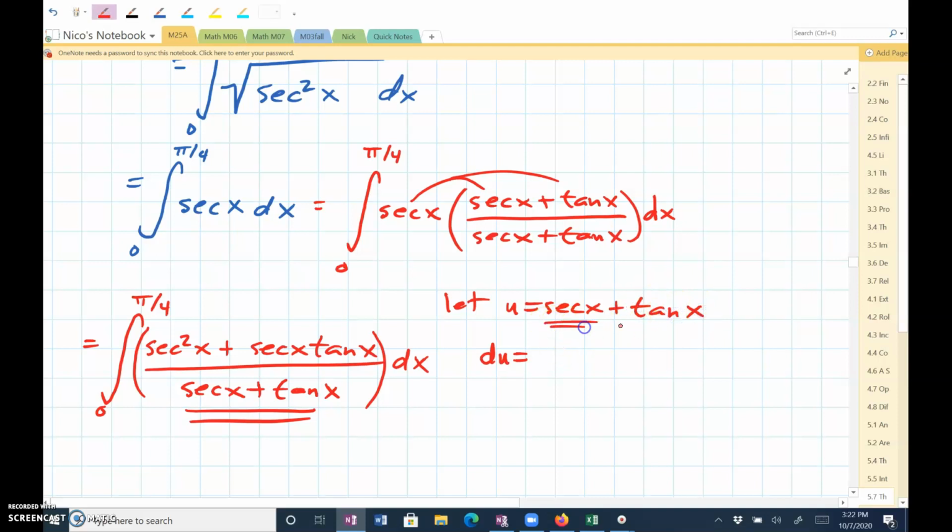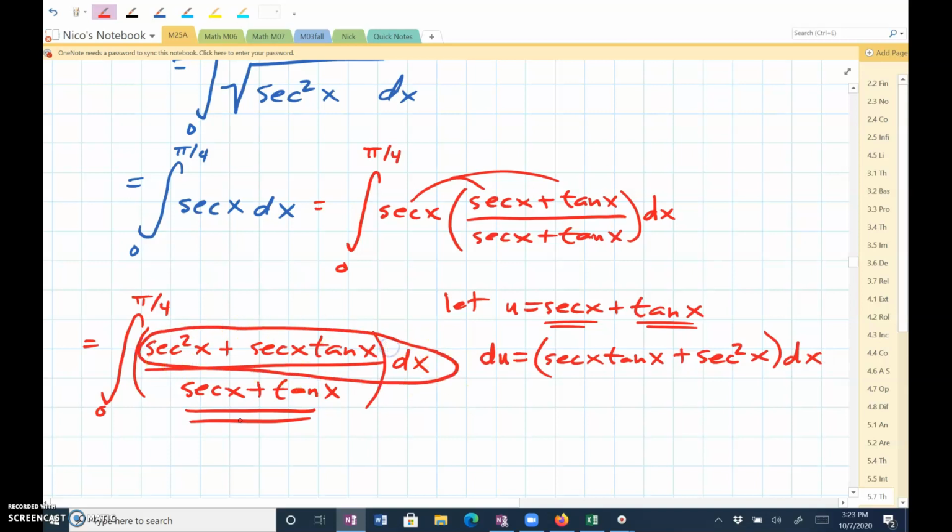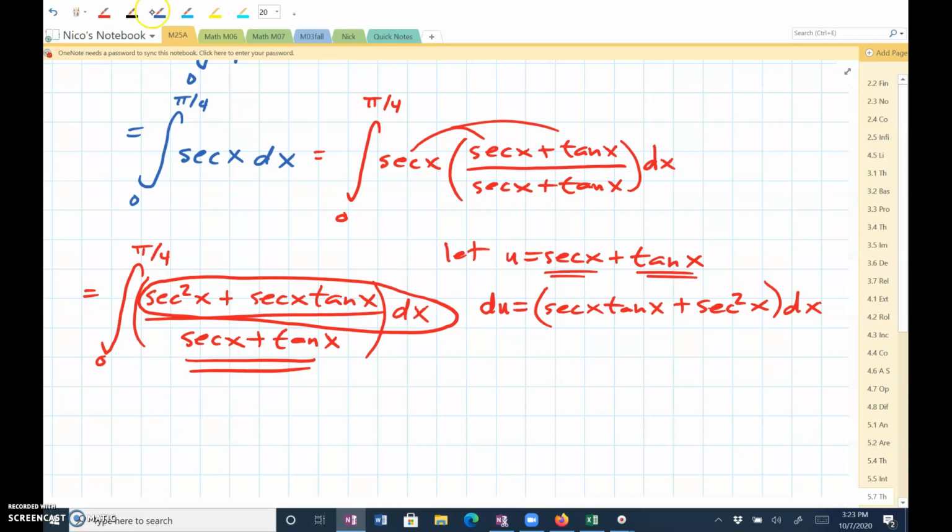So the derivative of secant of x is going to be secant x tangent of x, and the derivative of tangent of x is going to be secant squared of x dx, which will become du. The denominator will be u. Now the other thing I have to do, I need to convert limits of integration.